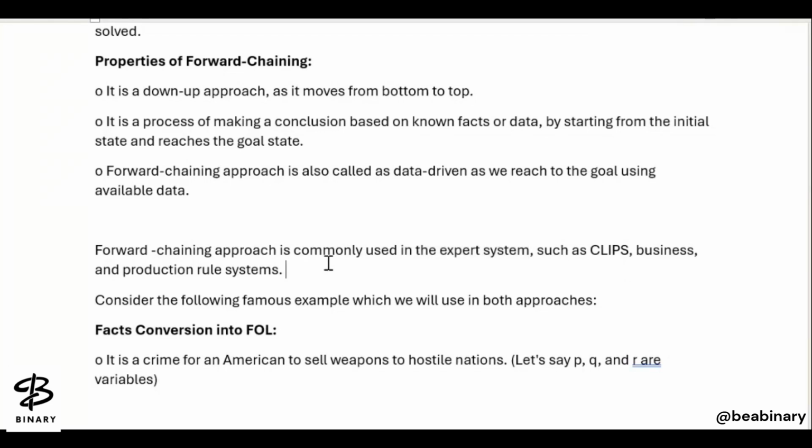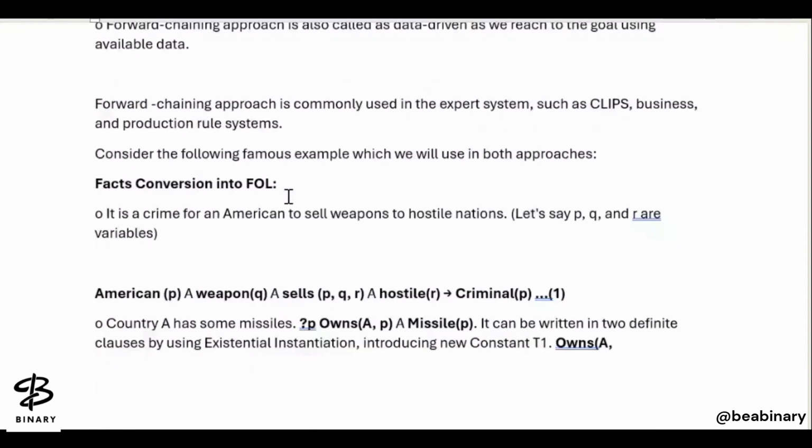Now let's consider an example of forward chaining. Here we are talking about first order logic, converting the facts into first order logic. The fact given is that it is a crime for an American to sell weapons to hostile nations.